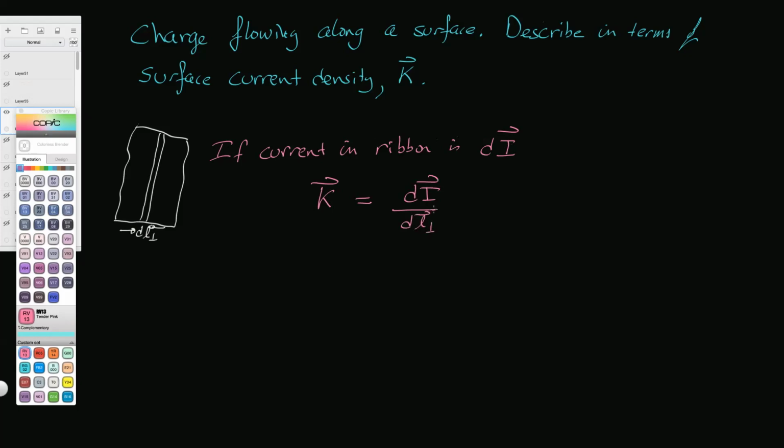Now, shouldn't be a vector on that actually. DL perp, okay. And so this is the current per unit width, right? Because the DL perp is like this little width. Does that make sense?